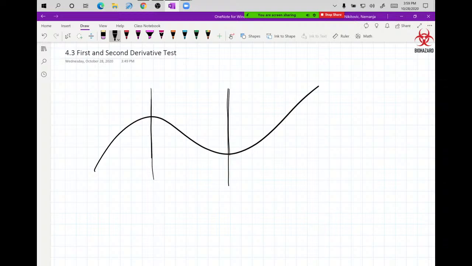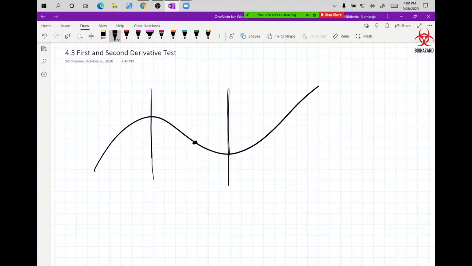And also, I can break this function at something that we haven't talked about yet, which is called an inflection point. And then there is another situation where you can break it apart, which, if you remember, was the vertical asymptote. But let's leave the vertical asymptote out for now.